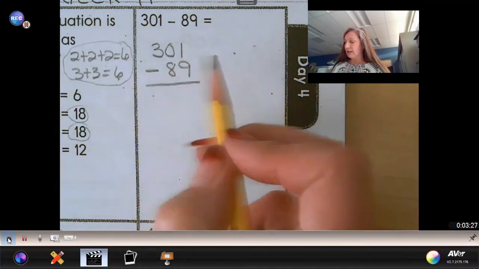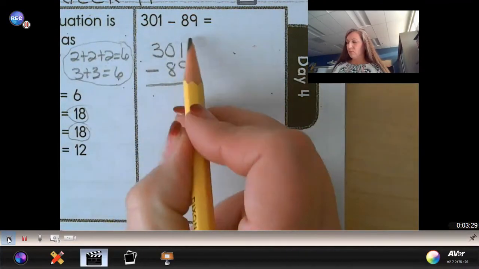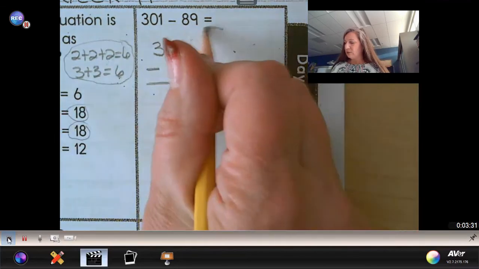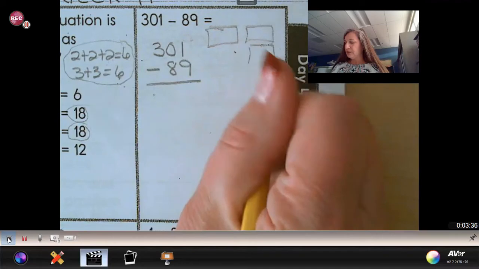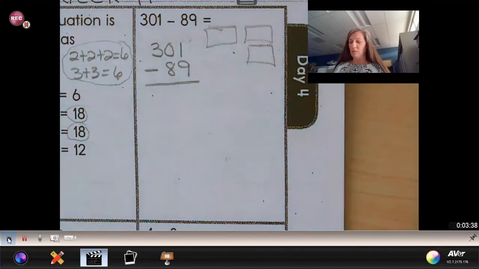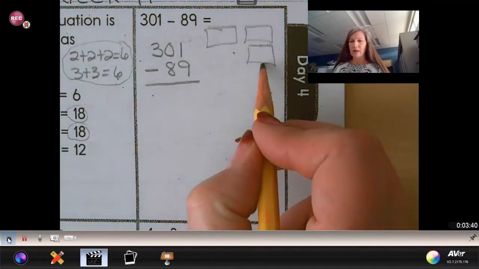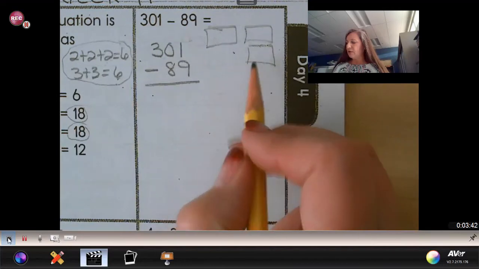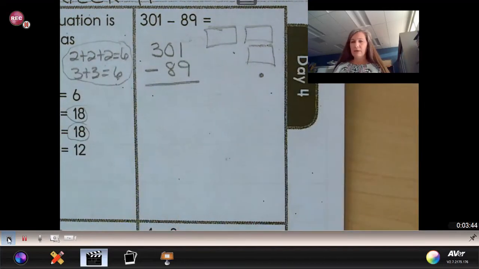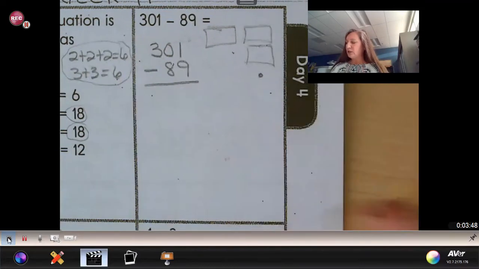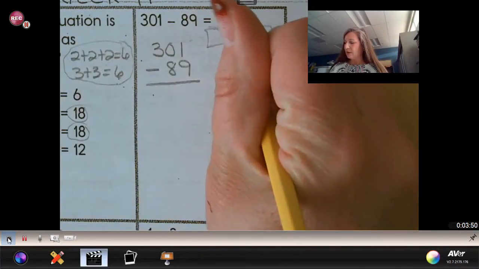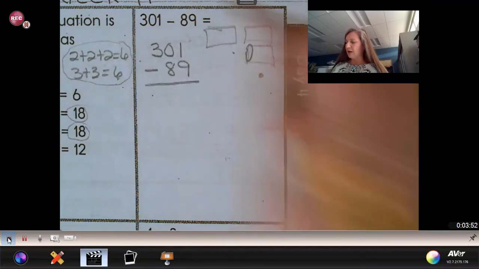So if I subtract, I can't subtract 9 from 1. So if I think about base 10 blocks, and I'm just putting this as more of a visual model, and I have 301, I cannot subtract 9 from that 1, which tells me I need to take a 10 from that 100.